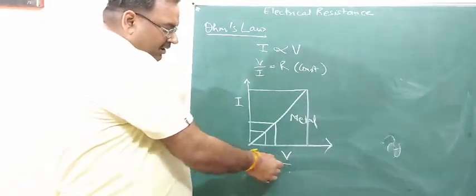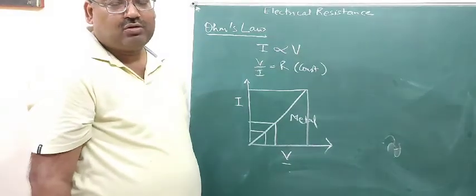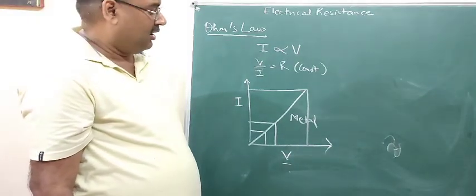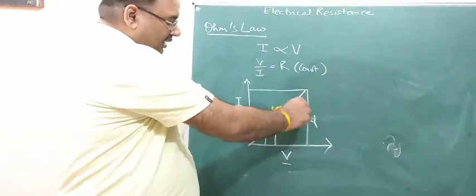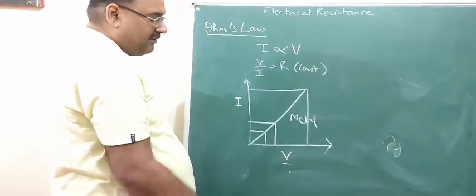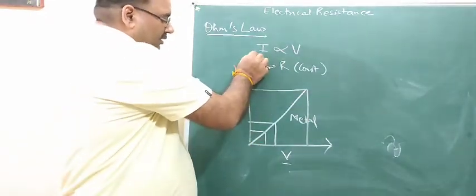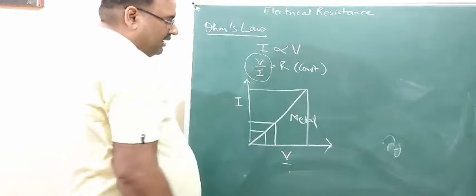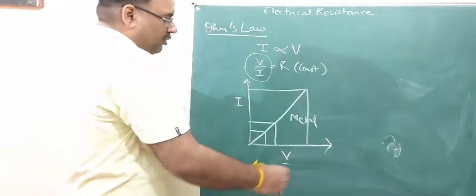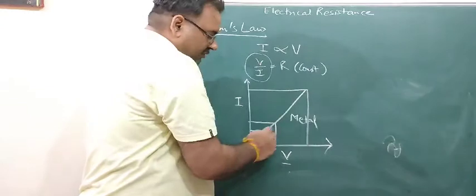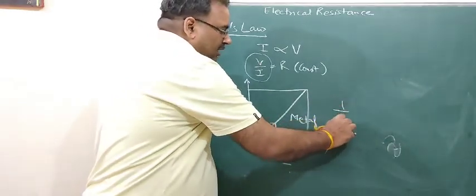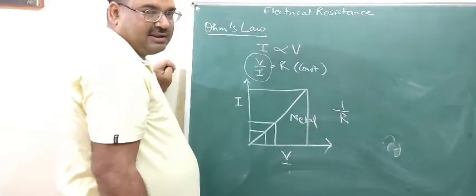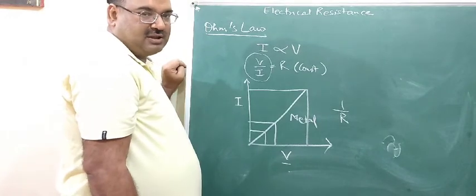With the increase in the potential difference, the value of the current also increases. Now the slope of this graph, I upon V, gives you 1 upon R, that is, the inverse of resistance.